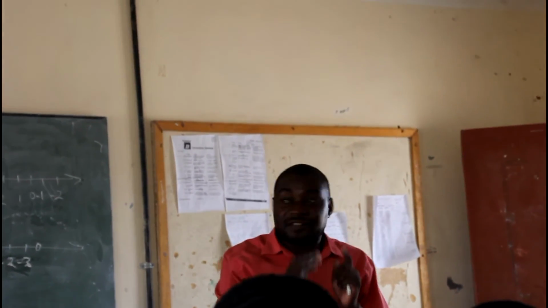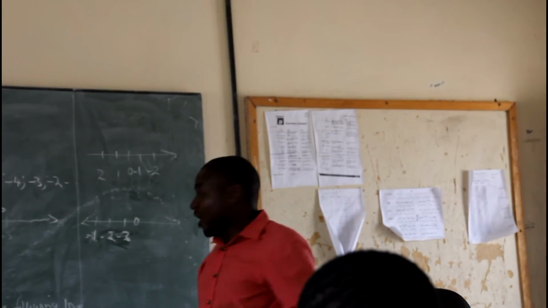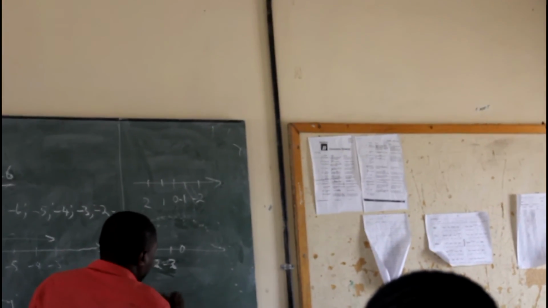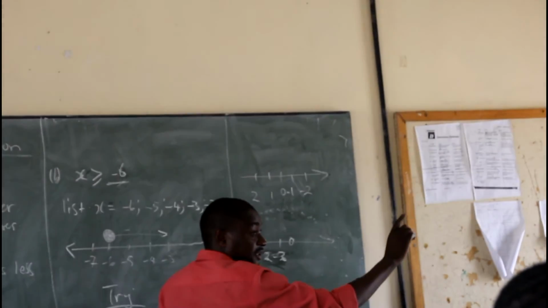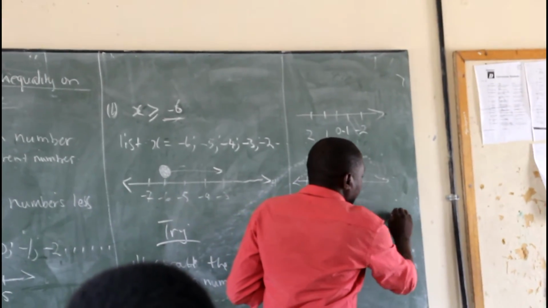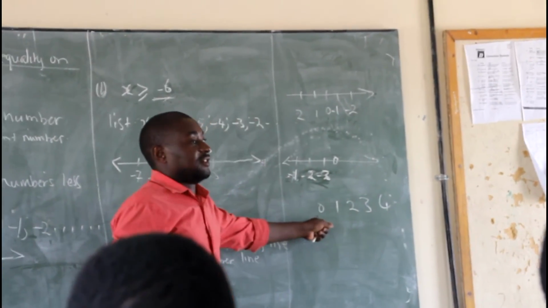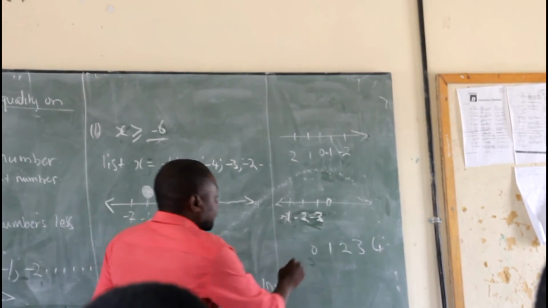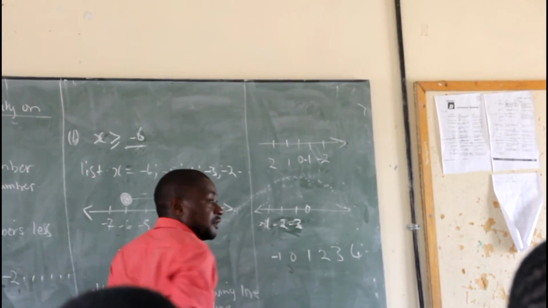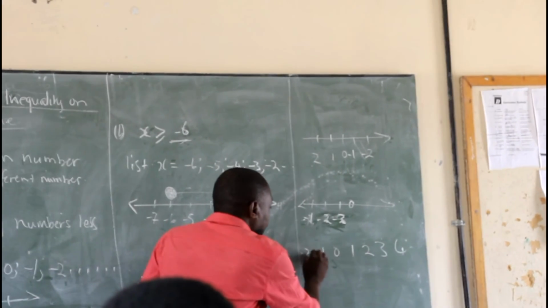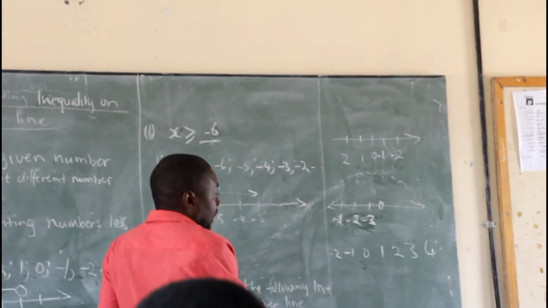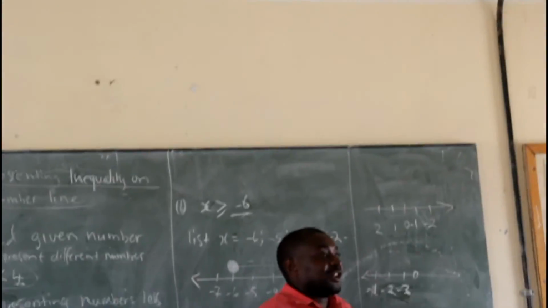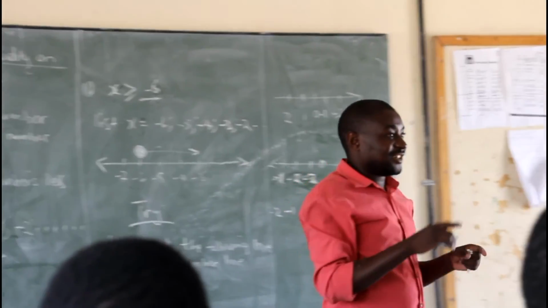When we count positive numbers, we start with 0, 1, going to the right, isn't it? 2, 3, 4. Now, if we are here, we are going this side. From 0, we first find negative. They just need to follow, going to the right.